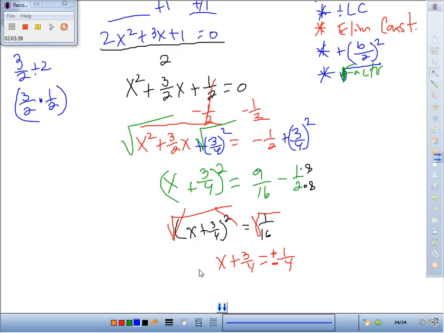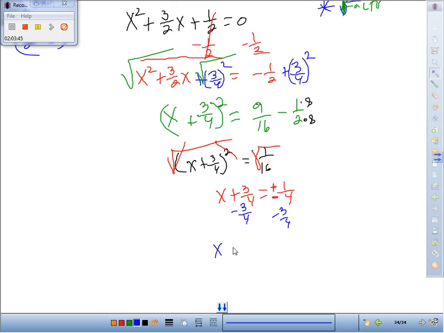And let's solve for x. What do we do? Minus 3/4, minus 3/4. We're left with x equals negative 3/4 plus minus 1/4. We do two equations. x equals negative 3/4 plus 1/4. And the other one is x equals negative 3/4 minus 1/4.